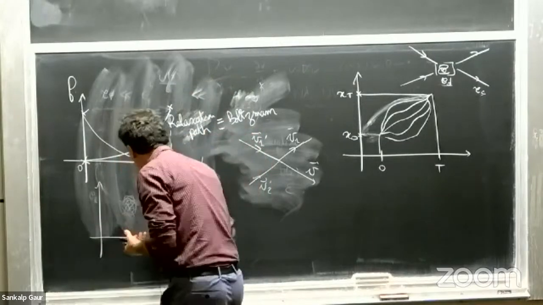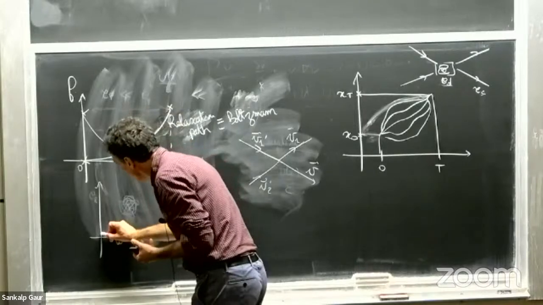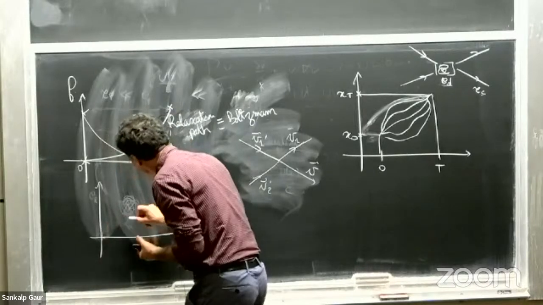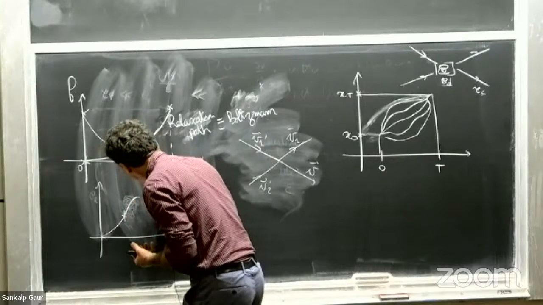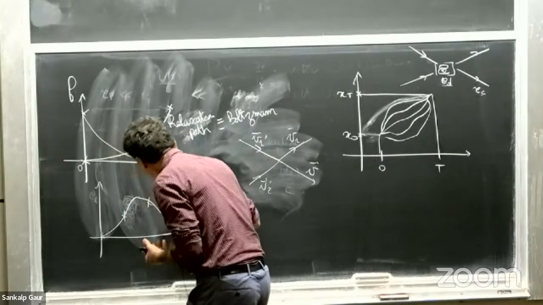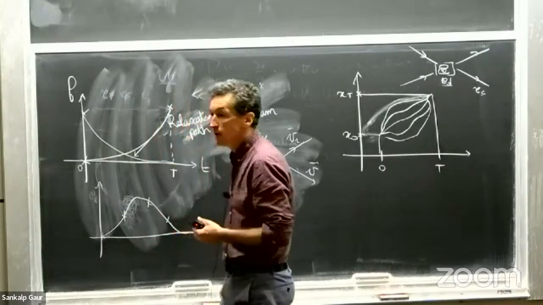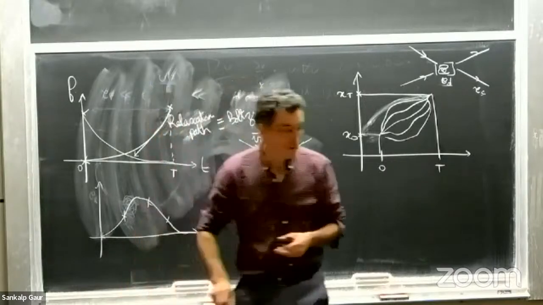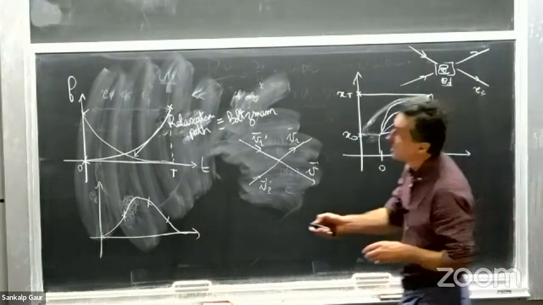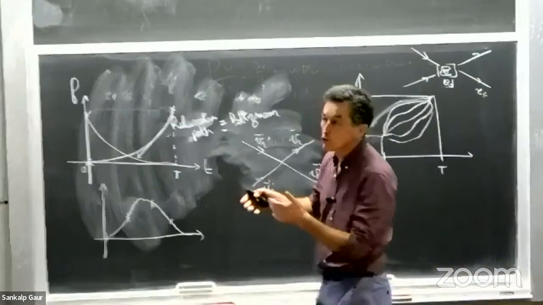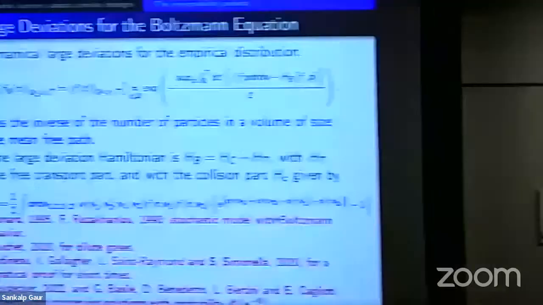You can ask, what is the probability to start from here and to go there, passing through this point, that point, and that point, okay? So you can define the rare event as you wish. And then you just use this action, putting all the constraints that are of interest for you.